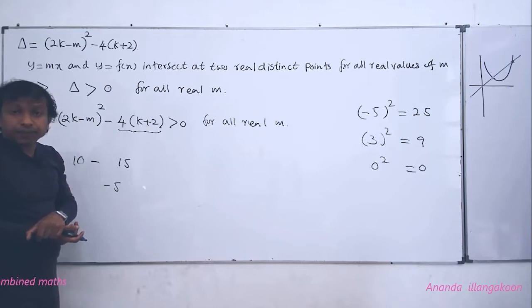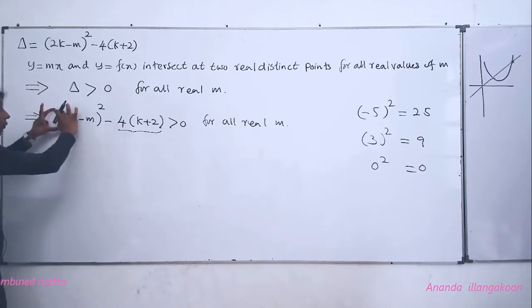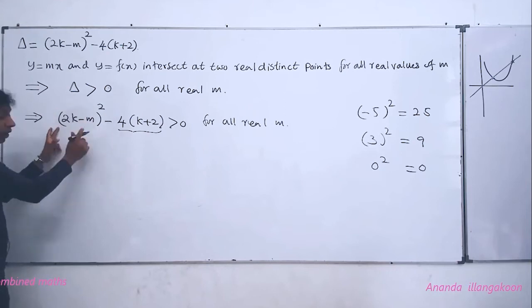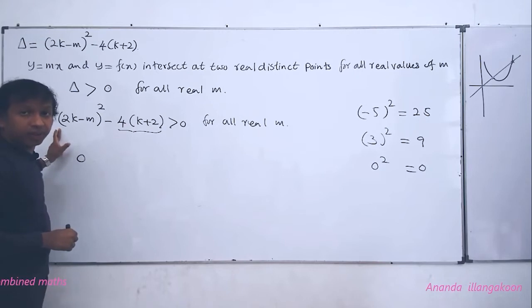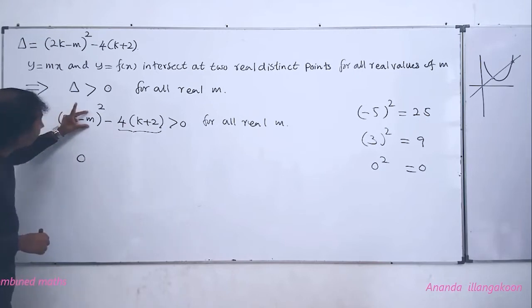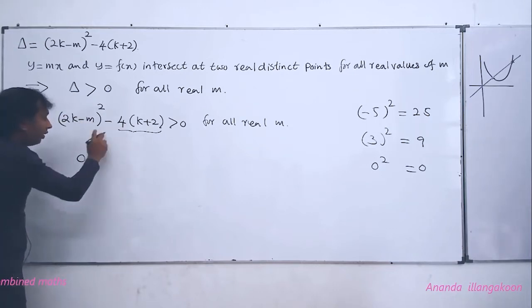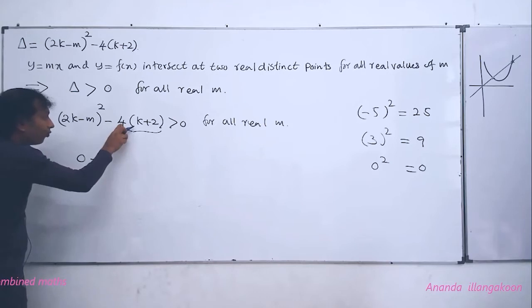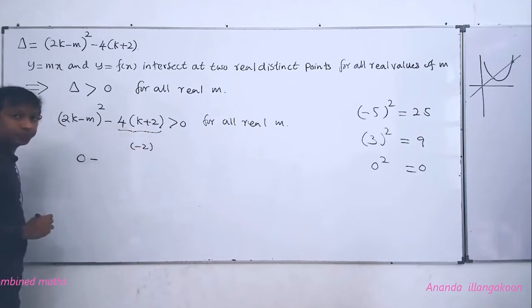Understand? Now suppose like this, we have this perfect square, no? It takes 0 because that is possible, no? A perfect square for a real number can be 0. That happens when this is 0. Okay. And now for this, here we have a minus sign. For this 4 times (k plus 2), we get, suppose, an answer minus 2.